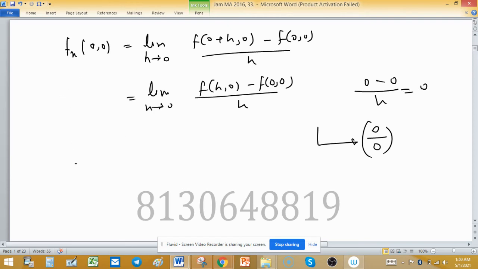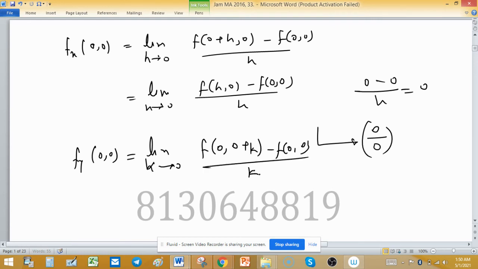So f_x exists. Now f_y at (0, 0) will be the limit as k tends to 0 of f(0, 0 plus k) minus f(0, 0) divided by k. We have to find the limit as k tends to 0, and again k tending to 0 means the x coordinate is 0.